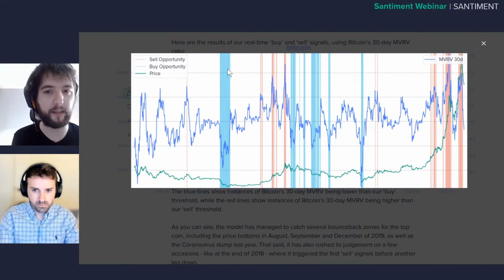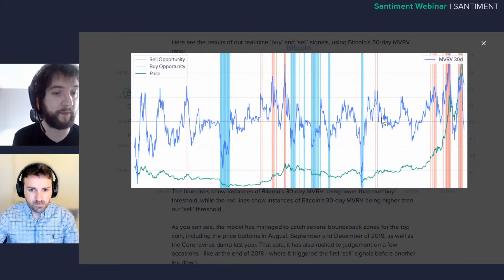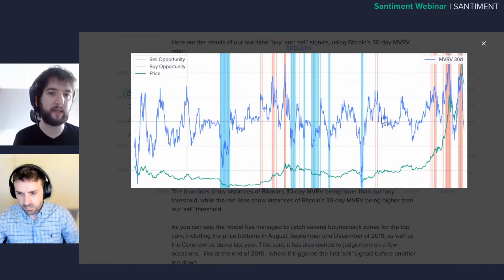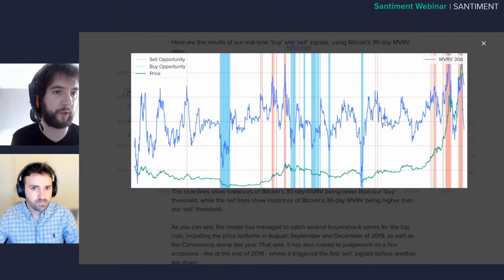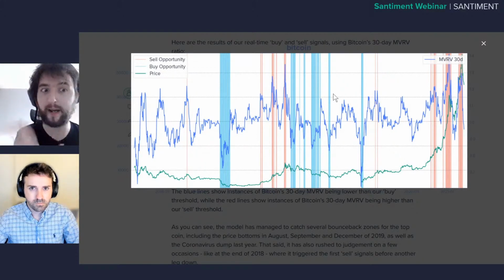On the other hand, the buy opportunities were triggered here, here, here, here, generally around several bottoms. As you can see, although the model is not perfect, especially in the past couple of months, the signals have started to trigger relatively sooner than the actual top, compared to these signals here, which were right on point.